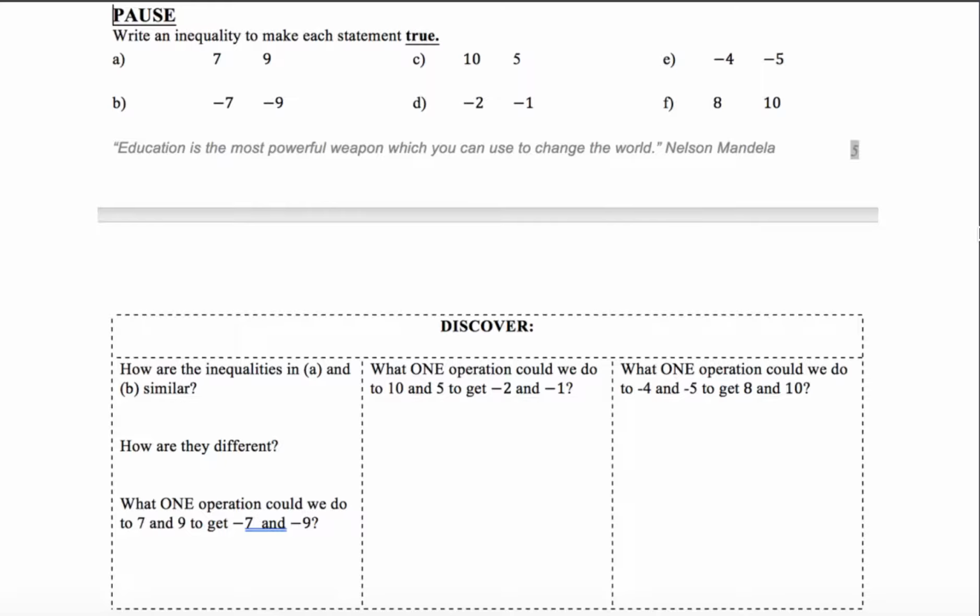So pause here and write an inequality to make each statement true. For example, we know that there are 4 inequality symbols, but for this example, you should only use is less than and is greater than.